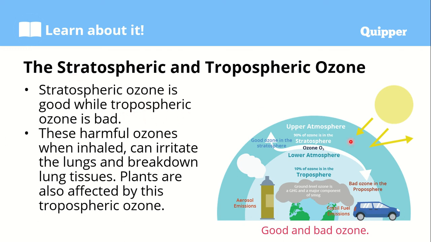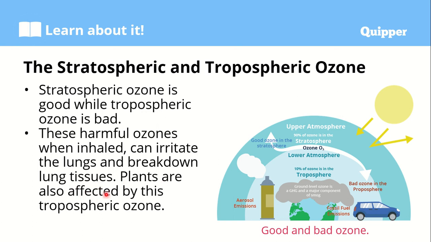Kaya dapat ang air lang jud, or ang gas lang dapat na mag-exist sa atong atmosphere, sa troposphere na layer, should be oxygen and traces of nitrogen and carbon dioxide. Now, this harmful ozone, when inhaled, can irritate the lungs and break down lung tissues.